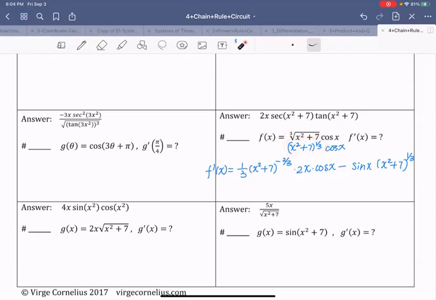Out layer, 1/3 to the power of this guy times this guy to the power of this guy minus 1, negative 2/3. This guy derivative is 2x.